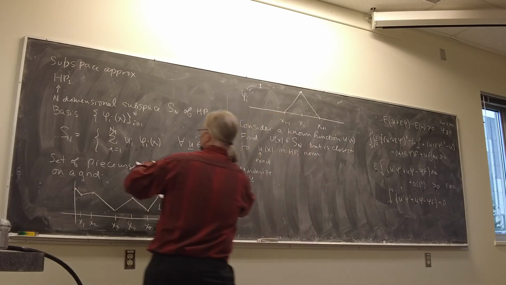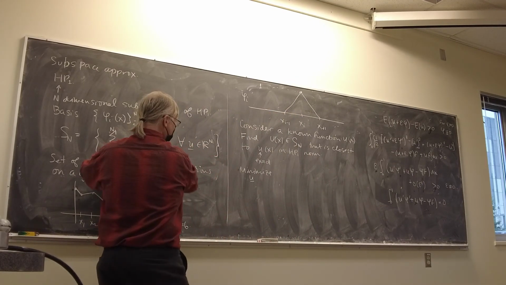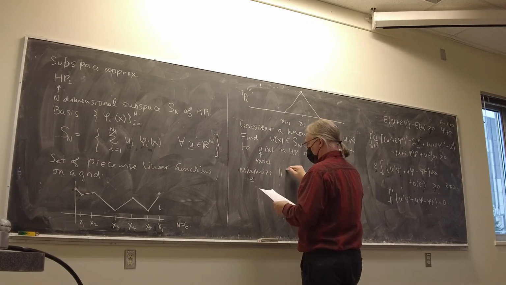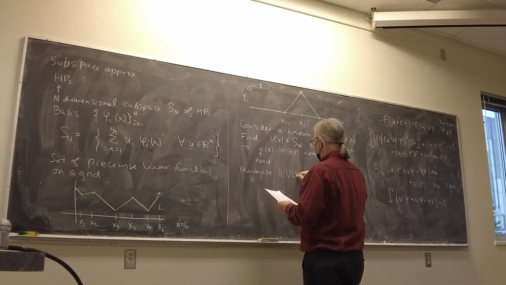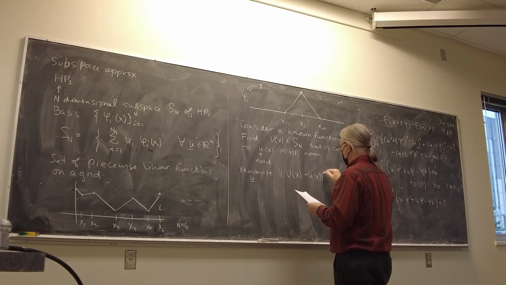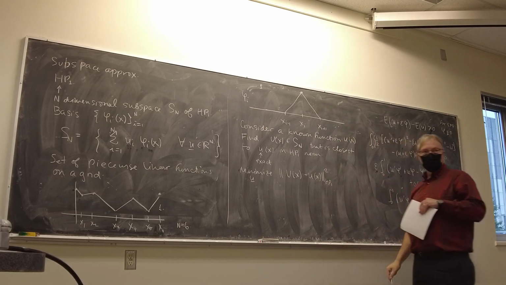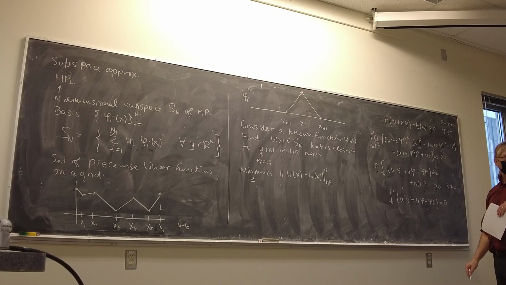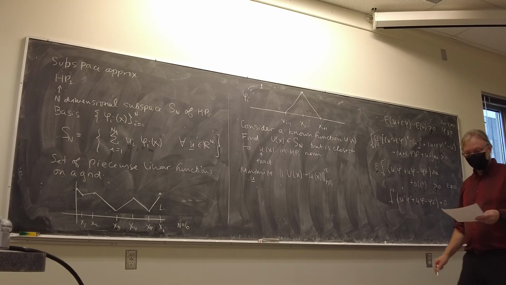It's just those values of u times this. I minimize the thing in S_n minus the exact solution in H^1 squared. It's easier to minimize the square than the absolute value, because one has continuous partial derivatives and the other one doesn't.